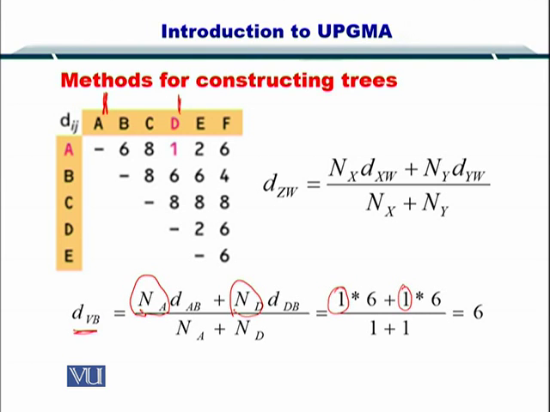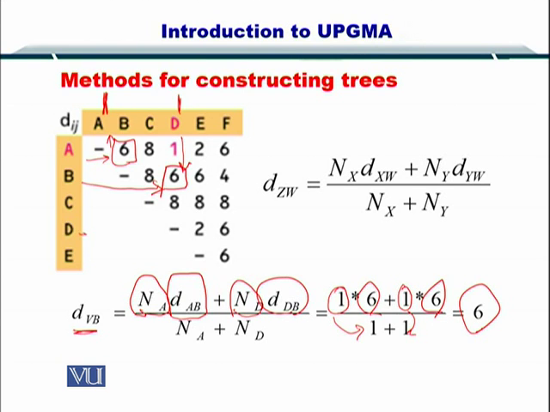The distance between A and B is 6. So here you got 6. Similarly, the distance between D and B is also 6. And then the same one goes here. So the answer to the distance between V and B is 6.